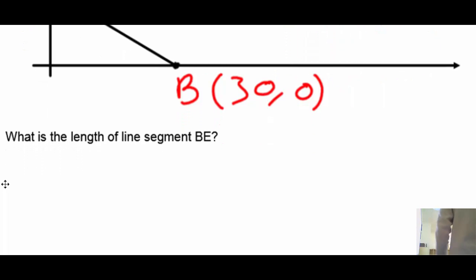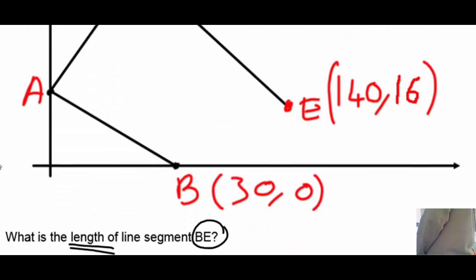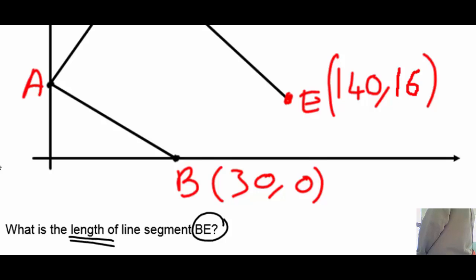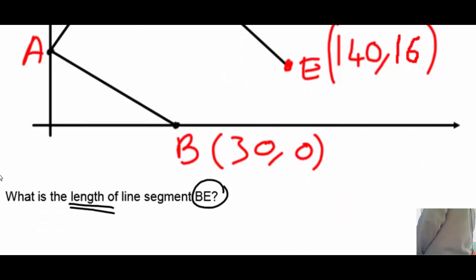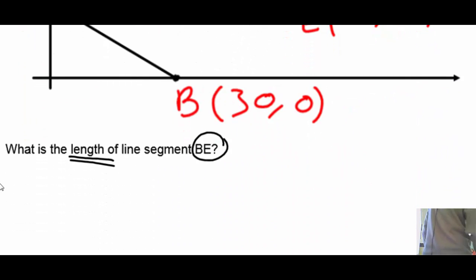And here is the question. The question is, what is the length, the distance of line segment BA? Where is BA? B is here. A is there. No, I don't mean BA. I'm very sorry, guys.